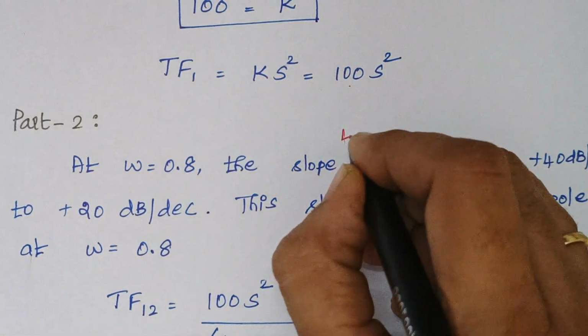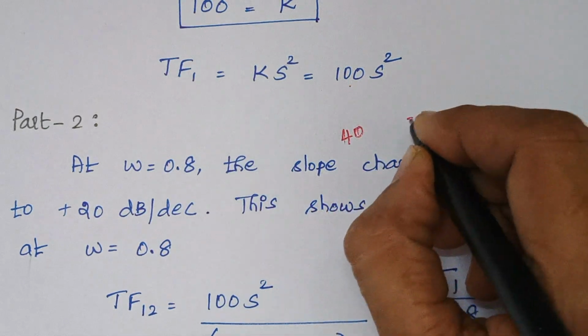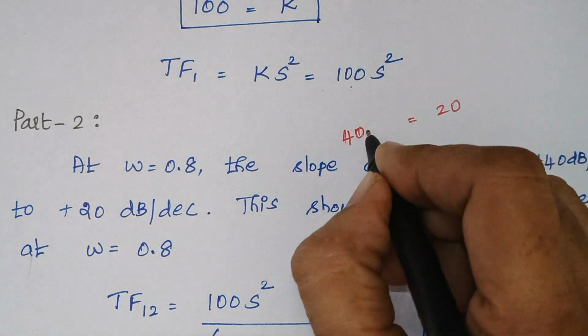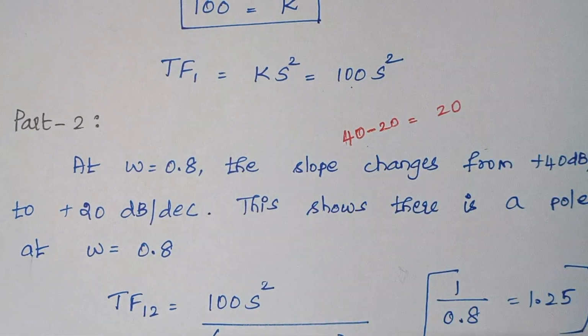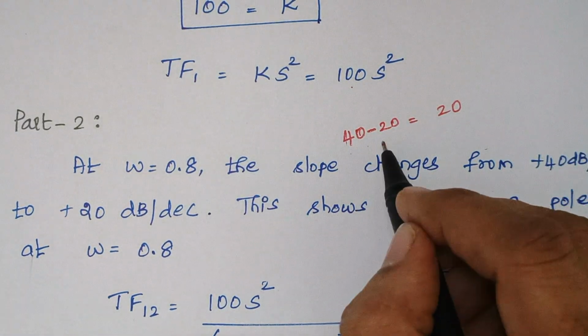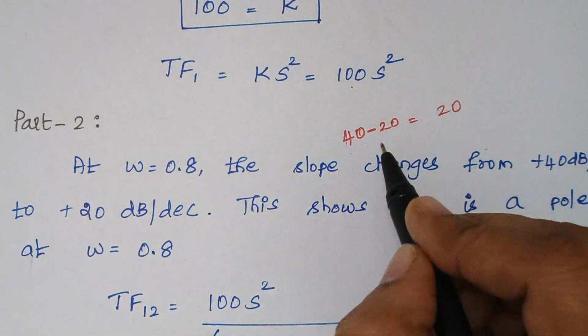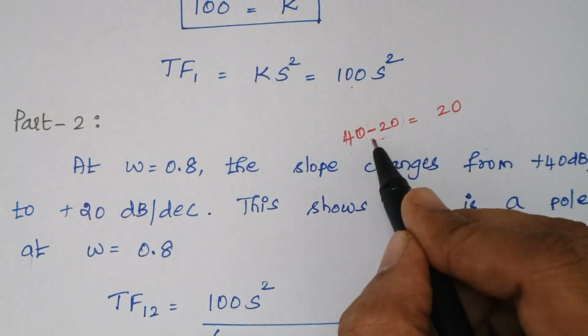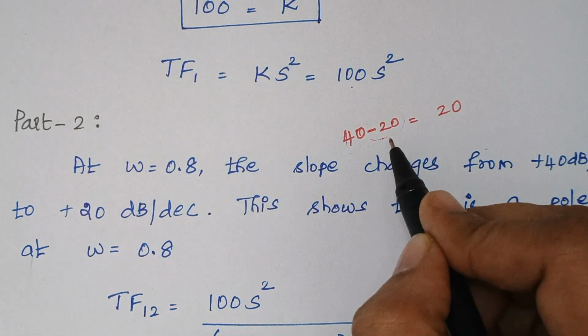So I am having 40 and my final answer is 20. What should be added here? Here minus 20 should be added. Do you people accept? Yes, 40 minus 20 will give you 20. What does this minus 20 indicate? There is an s term in the denominator part.